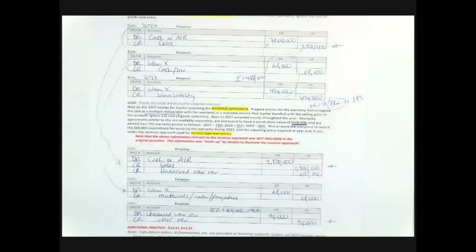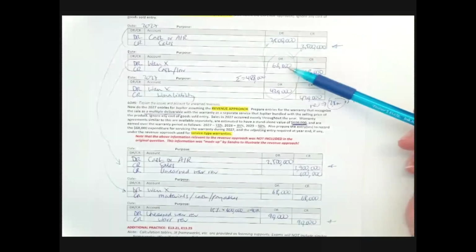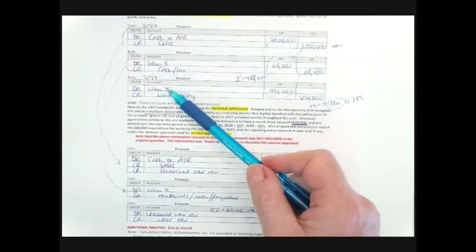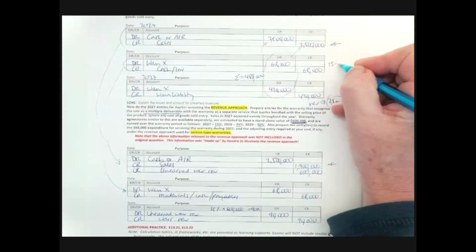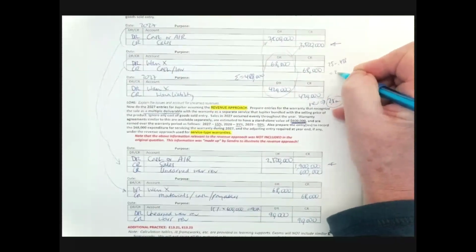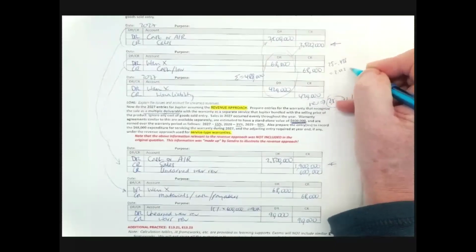What about profit reported, like earnings before tax? Which one reports higher profitability? The profit for this one is, we've got sales of 2.5 minus warranty expense of 488. 2.5 minus 0.488 is 2.012 of profit.